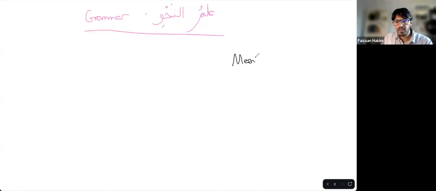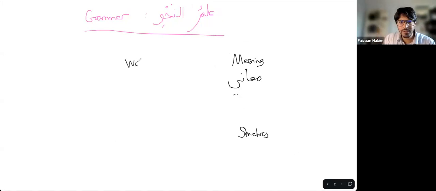So the same thing is happening. But over here, the meanings, the ma'ani, these are plural, ma'ani, these are going to come down from sarf. These actually are the words. And the words now are going to become sentences. And these are our mabani.